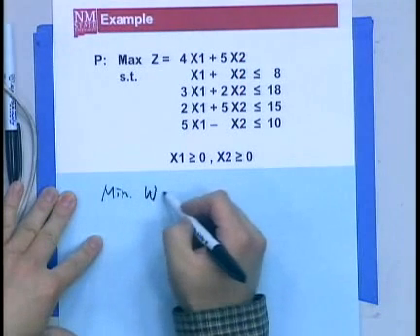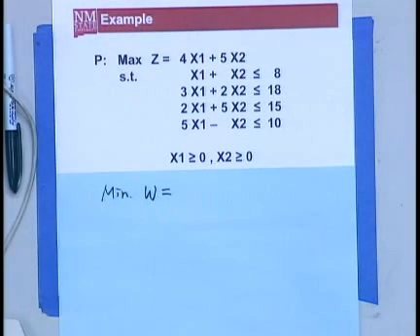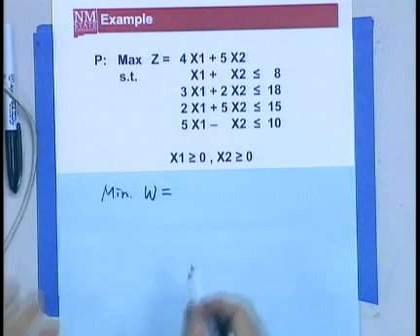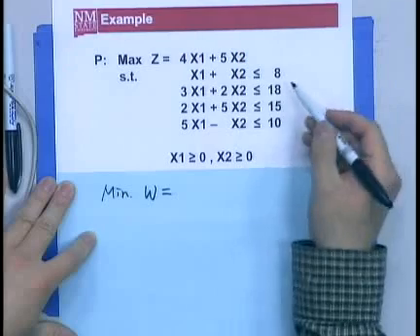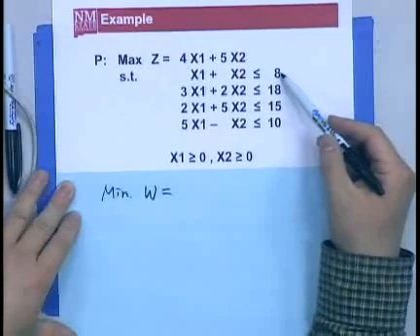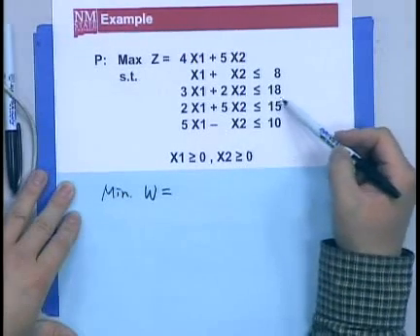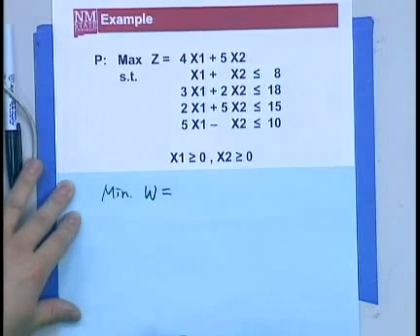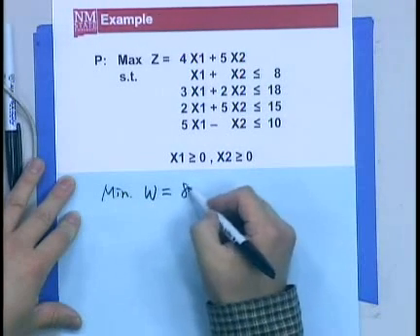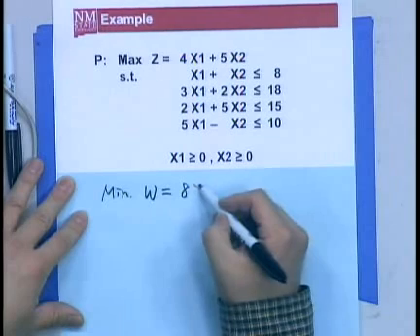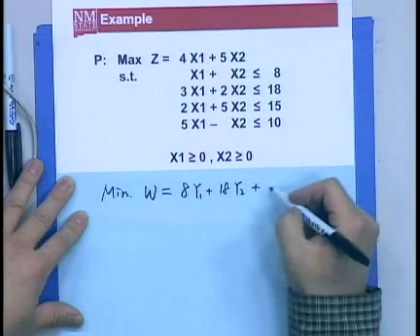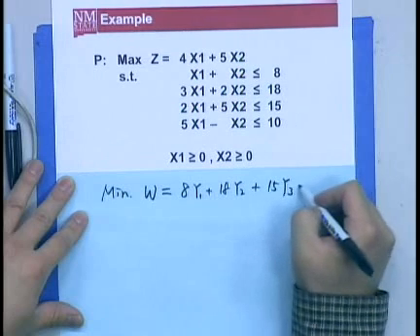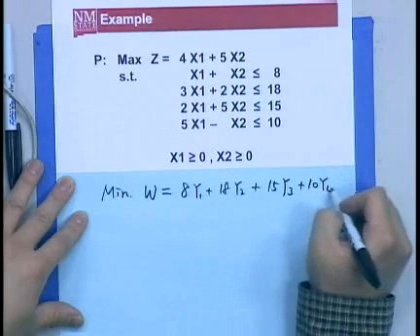Let's say the objective function is W. And the right-hand side values of the primal problem serve as the objective coefficients, right? So 8 y1, 18 y2, 15 y3, 10 y4. Okay?